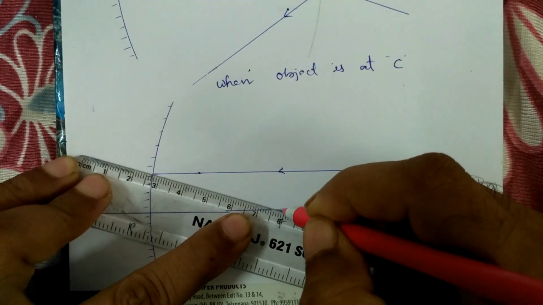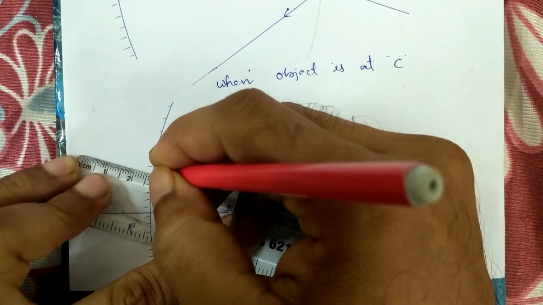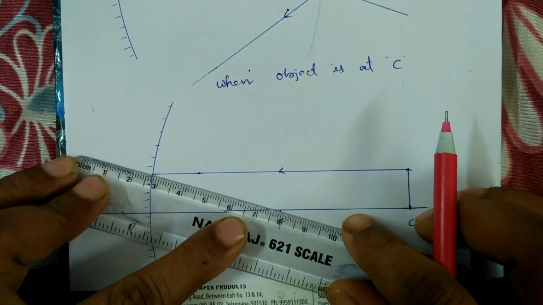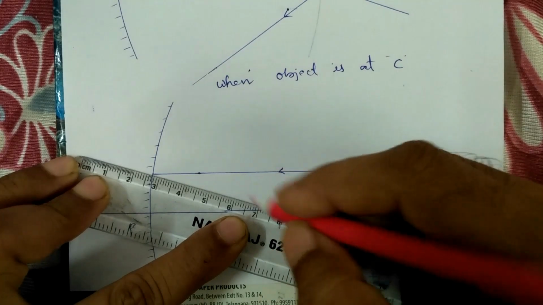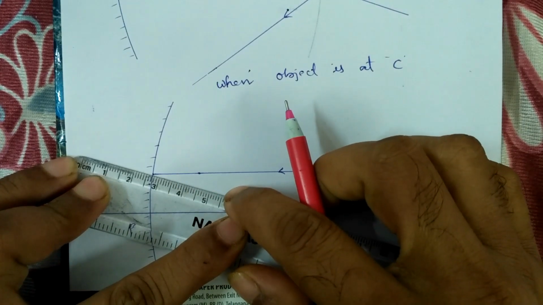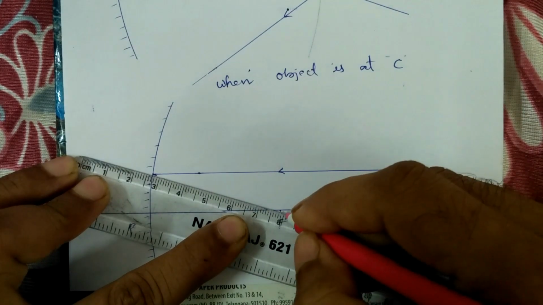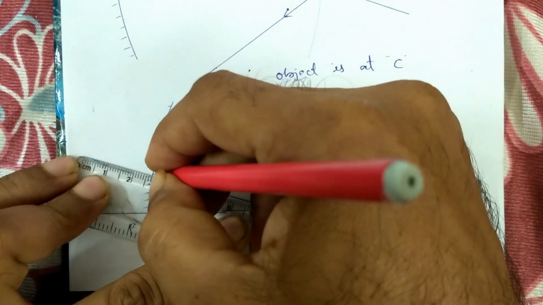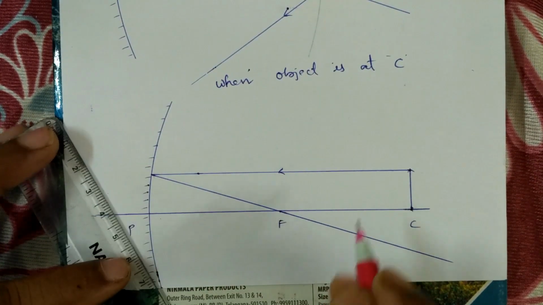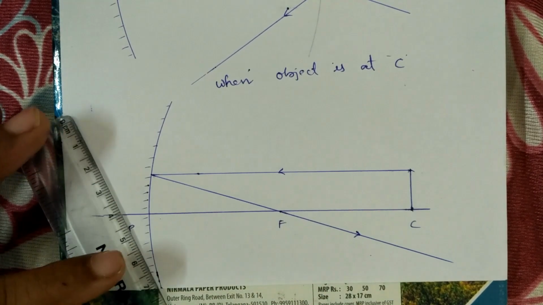So we have to draw a ray through focus now from the point of incidence. Alright. So this is the ray parallel to the principal axis which after reflection passed through focus.